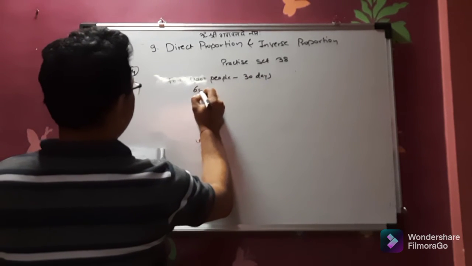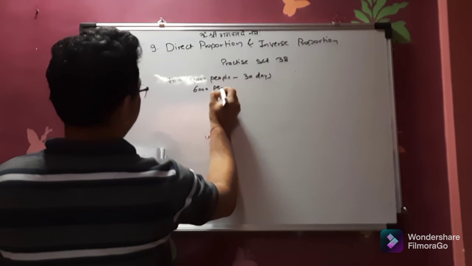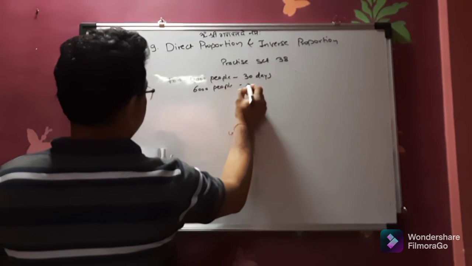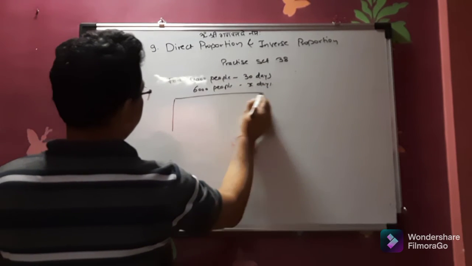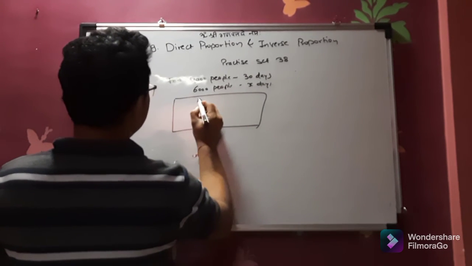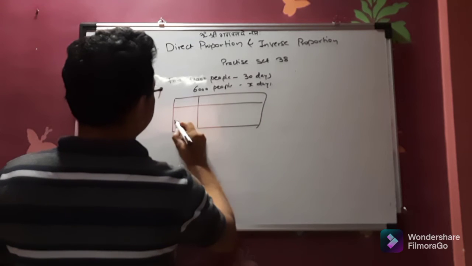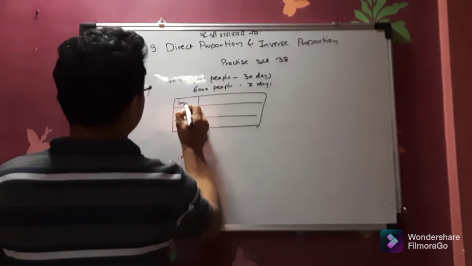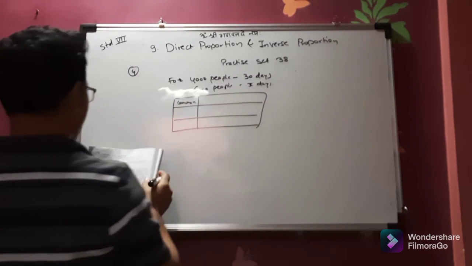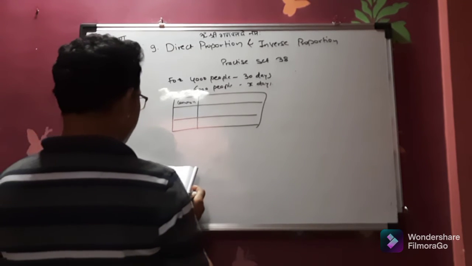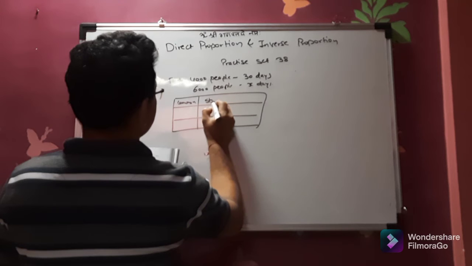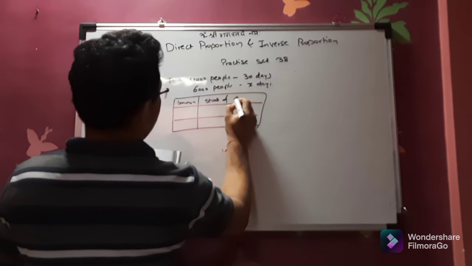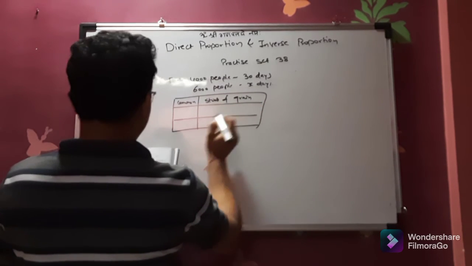Then for 6,000 people, say x days. We'll put it in tabular form. What is the common here? Common here is stock of grain.